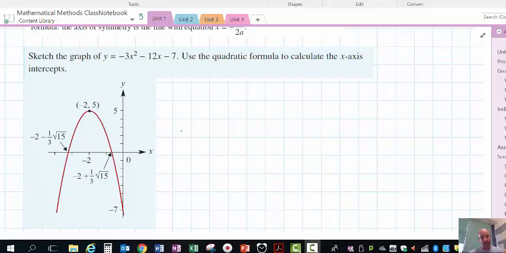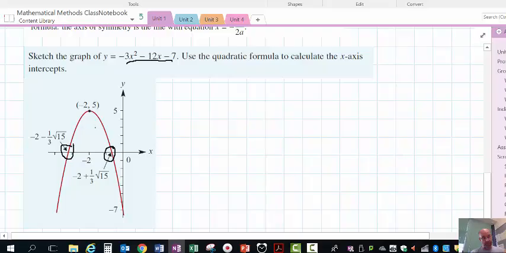In the near future, we'll see how this links to the x-intercepts. Now, you might have noticed before that one of the other words we can use for solutions is x-intercepts, and this particular quadratic here creates this parabola, and more about that in the future. But I challenge you to go ahead and use the quadratic formula to get those two values that you see there on the diagram.